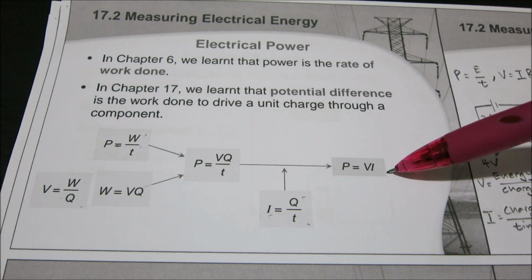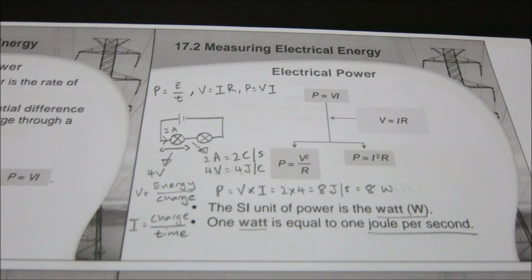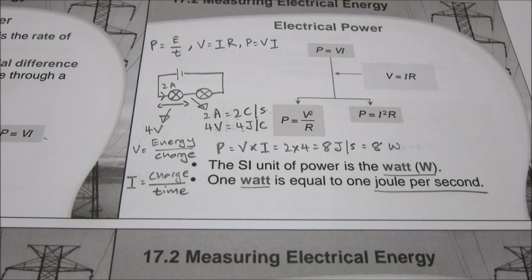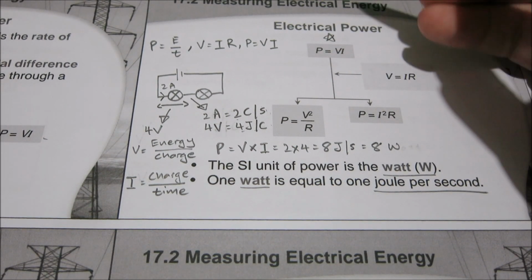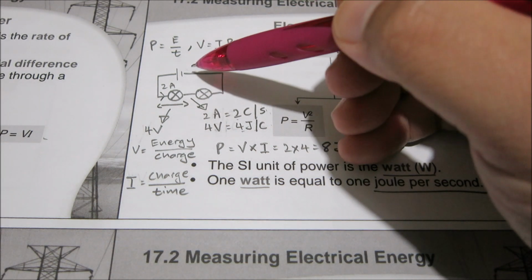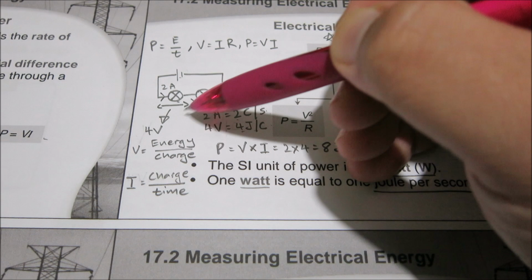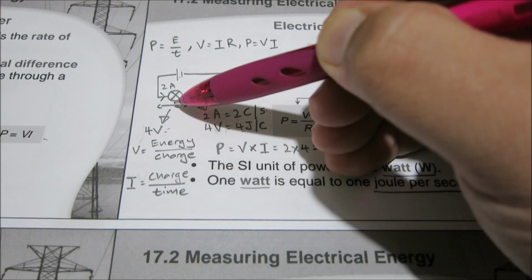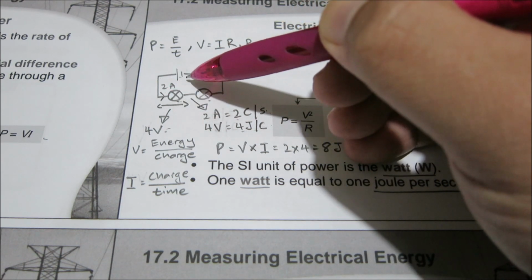Now, it sounds all very complicated, but if you have a very good idea of what voltage and what current is, then actually this formula P equals VI comes about very naturally. So let's say I have a circuit, a normal circuit, two bulbs attached, and then I say that there's a 4-volt potential difference across this light bulb, and a 2 ampere current runs through the circuit.